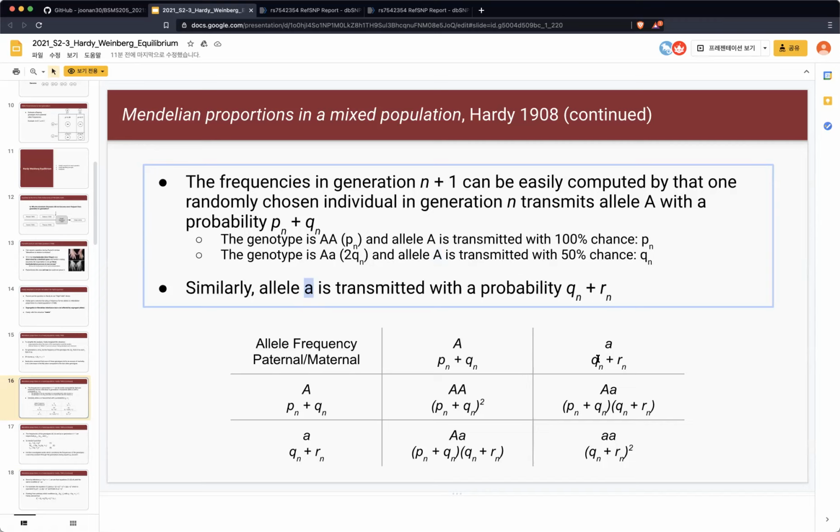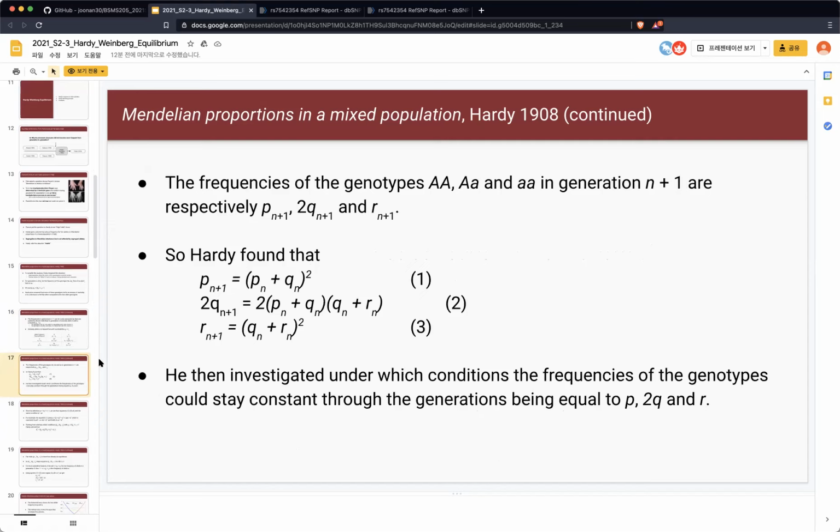If you put each situation in a Punnett square, you can easily calculate that in the next generation, large A large A has the probability (Pn plus Qn) squared. The heterozygous situation is (Pn plus Qn) times (Qn plus Rn), and the homozygous small a is calculated the same way.